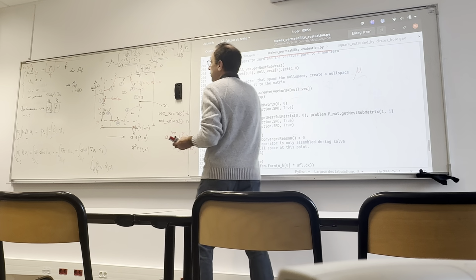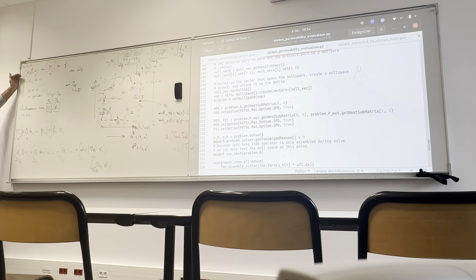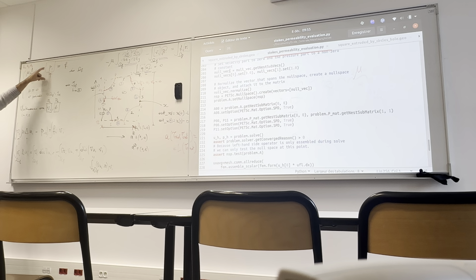The reason is that, according to the way in which the problem is stated, the solution of the problem in terms of pressure is not completely determined, because you can add a constant to the pressure and you will never observe any difference between the solution that you will get with this constant equal to 0 or equal to whatever you want, because the only term in which pressure appears is here with the gradient of pressure.